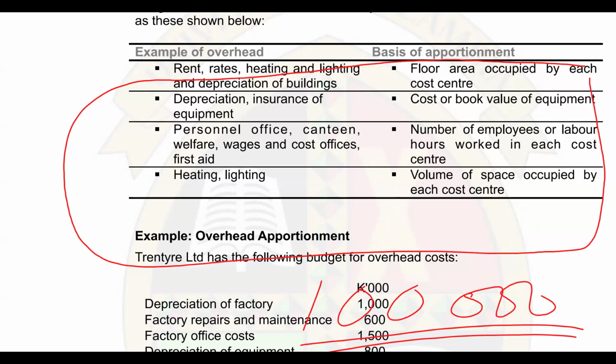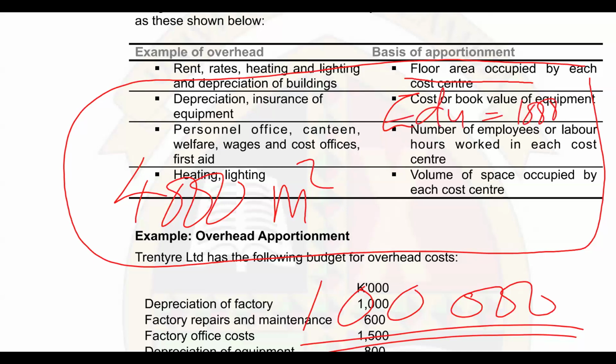This you have to remember, the basis of apportionment, the most appropriate. How can we share the 100,000? We can use the floor area occupied by each cost center, or each department, or each school in this case. If the total area occupied by UNZA is maybe 4,000 square meters, you're following, that's the total area. Then let's say School of Education is occupying 1,000.